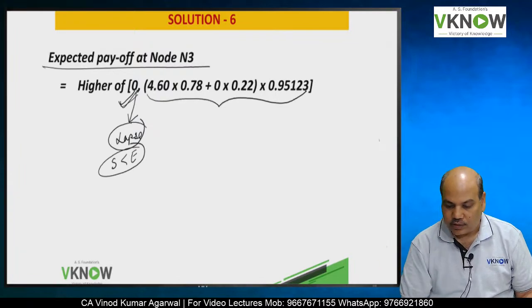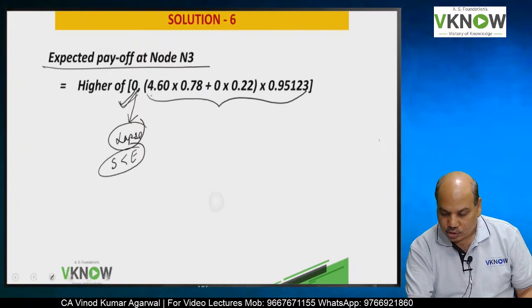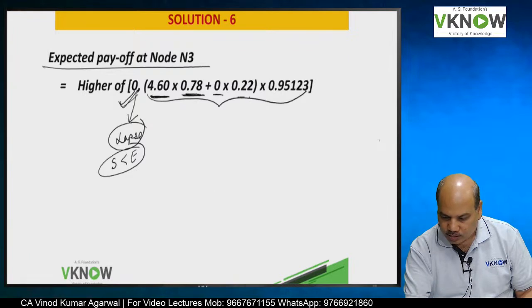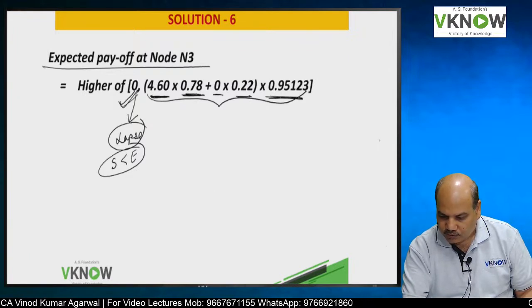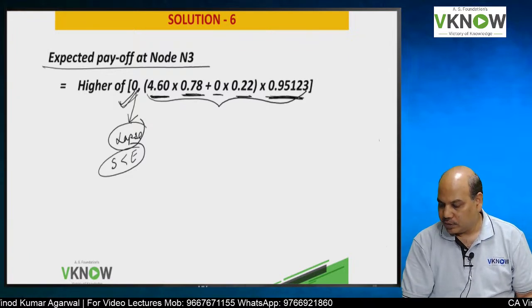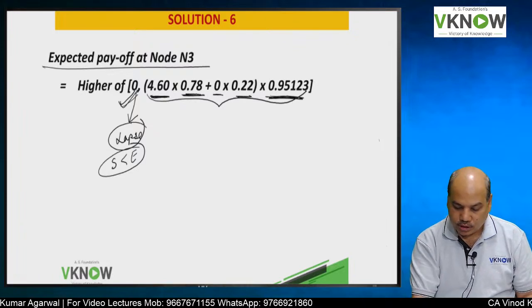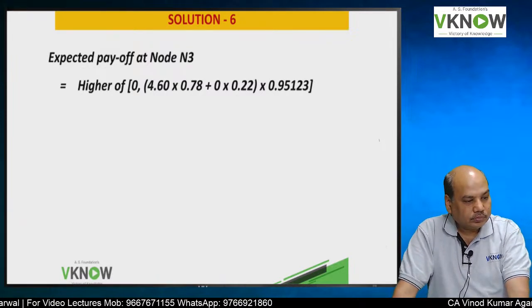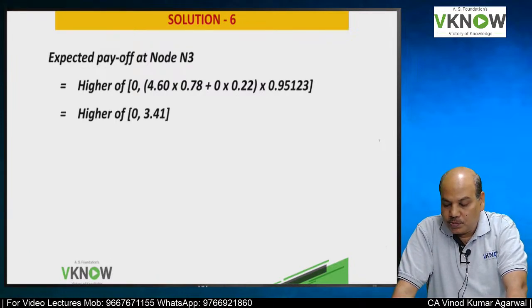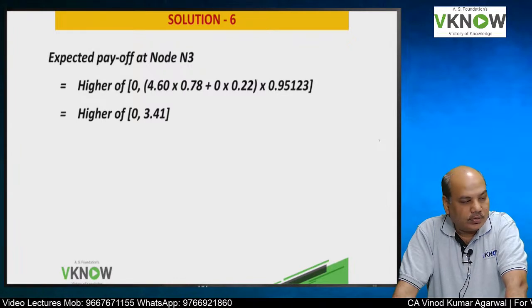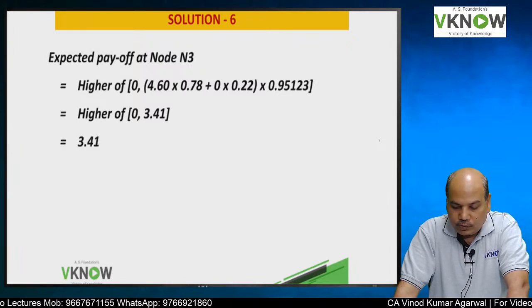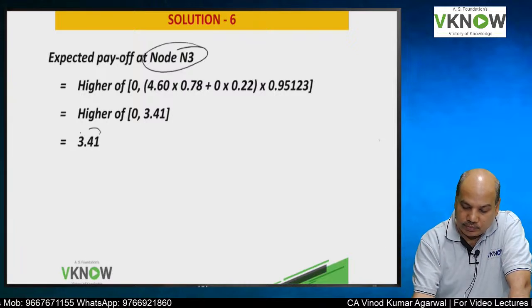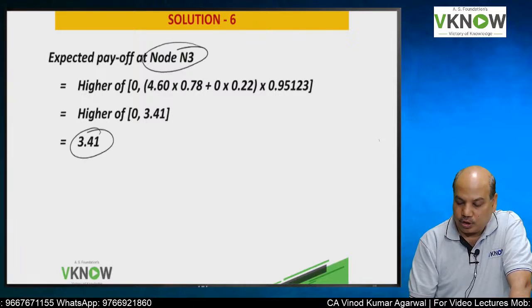If you exercise later, you will get 4.60 or 0 with these probabilities, and this is the PV factor 0.95123. So I will request the student to solve it themselves. So you will have to choose between 0 and 3.41. The value of node N3 is 3.41.